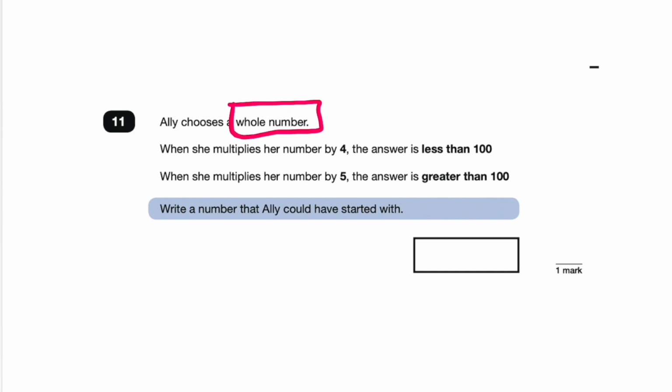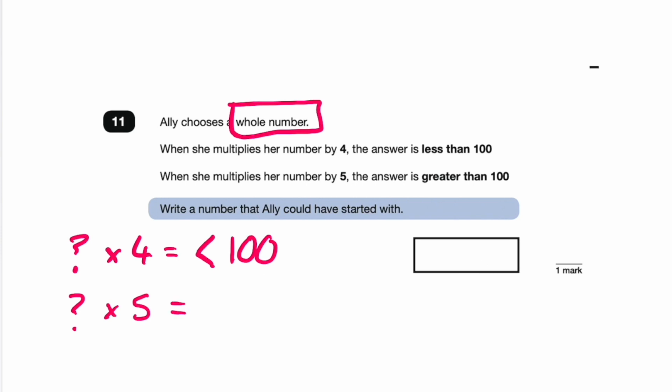That's our first clue. Then we know that when she multiplies her number by 4, so let's put a question mark for her number, we get an answer that is less than 100. But then, when she multiplies her number by 5, she gets an answer that is greater than 100.